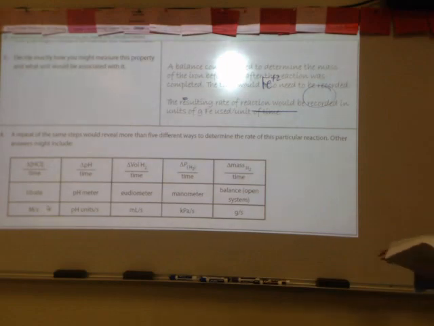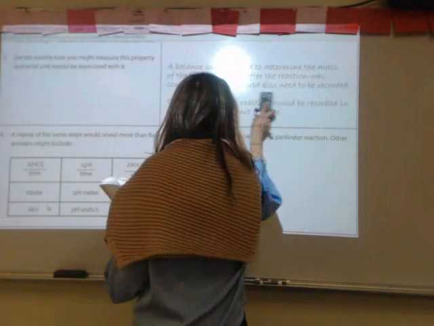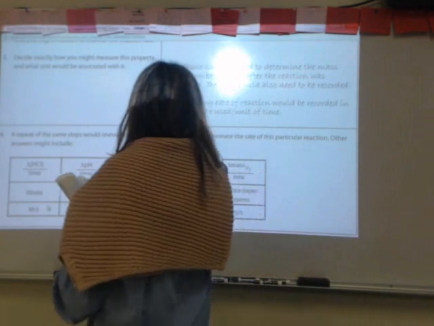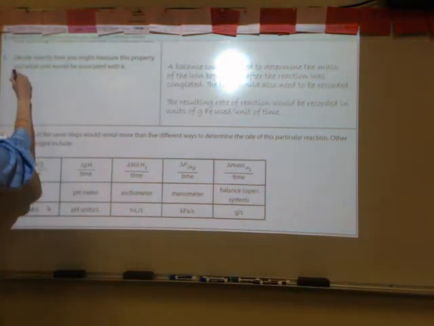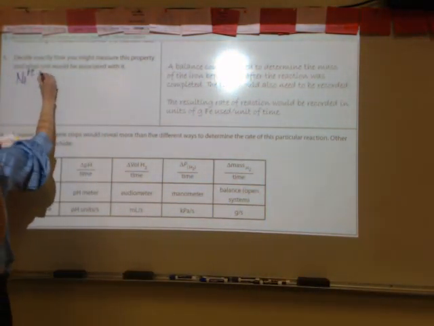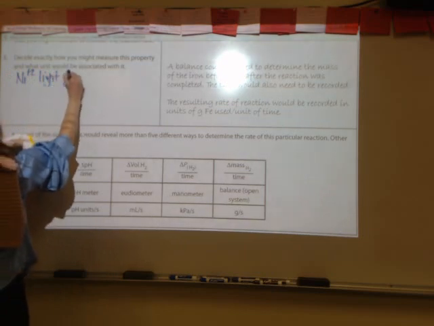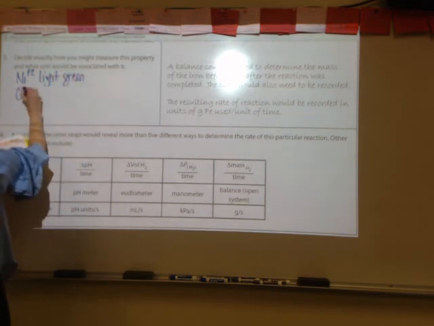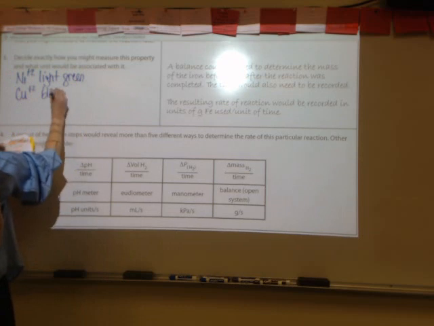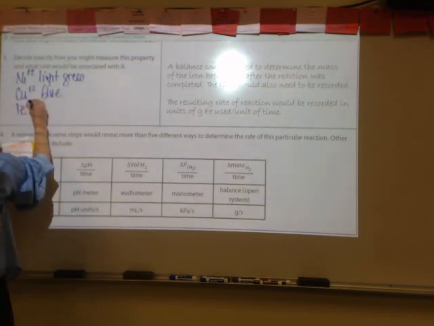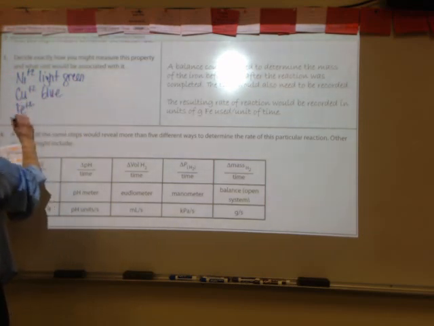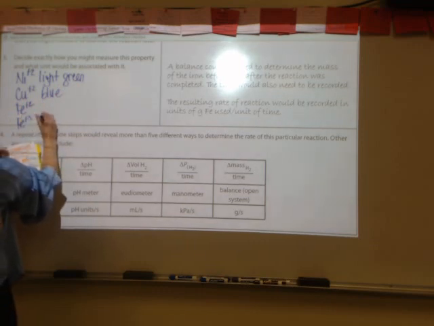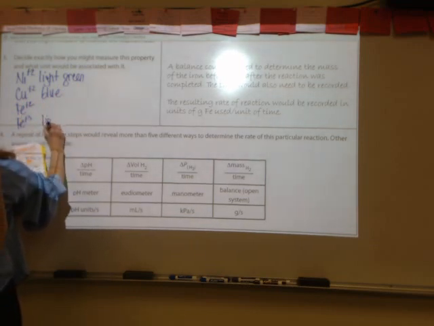Since I mentioned up above that iron 2 has a distinct color, you may want to write down some other ions, some other transition metals that have distinct colors. Ni+2 is a light green, Cu+2 is blue, Fe+2 is a yellowish color as set up above, Fe+3 is kind of a light orangey color.